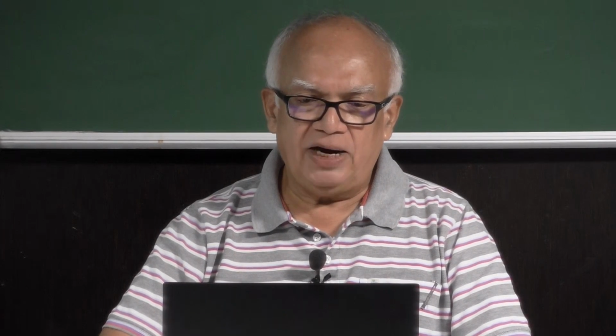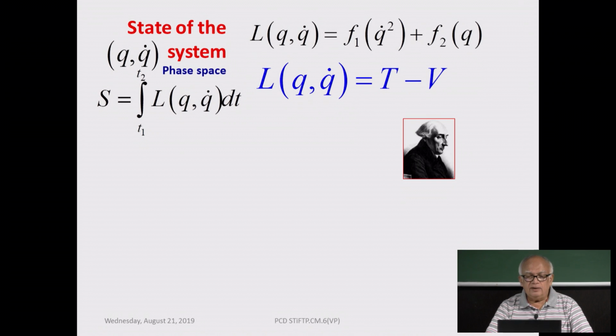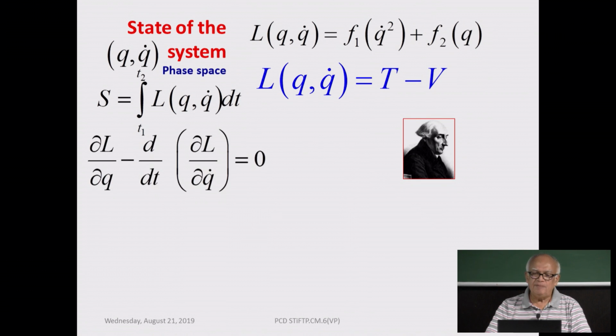So, let me remind you that this is based on the requirement that the action integral is stationary. It is an extremum, and action is the integral between two end points, the start and the finish, T1 and T2, of the Lagrangian, which is T minus V. And the necessary and sufficient condition that action is stationary is given by this equation, which is, as you can see, a second order differential equation.